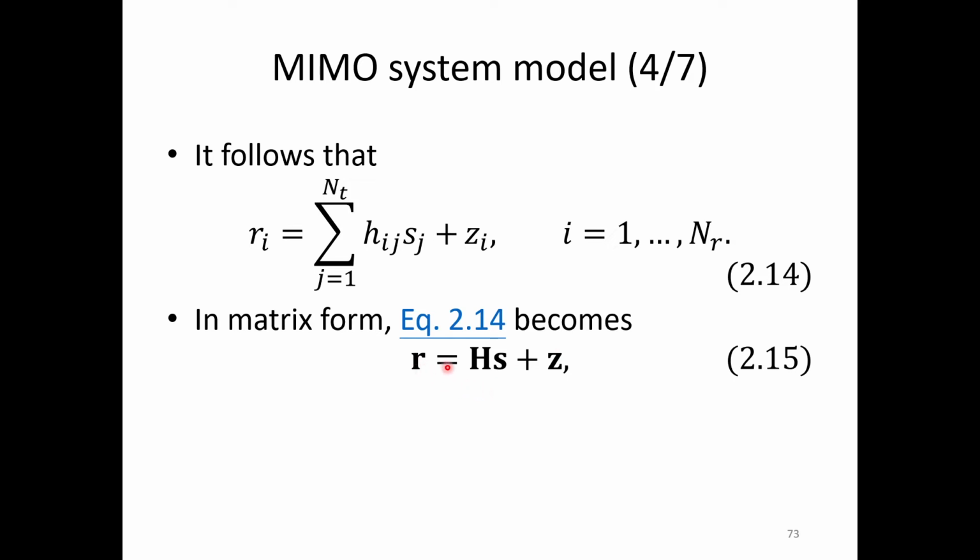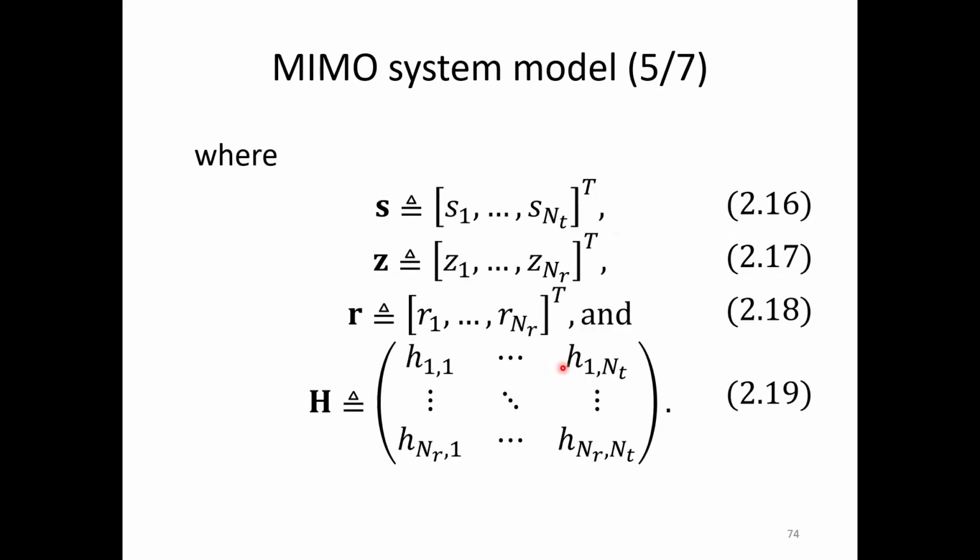R is equal to H times S plus Z, where S is defined as S1 to SNt transpose, and Z is defined as Z1 to ZNr transpose, and R is defined as R1 to RNr transpose, and finally H is defined as H11 to H1Nt, and so on to HNr1 to HNrNt.